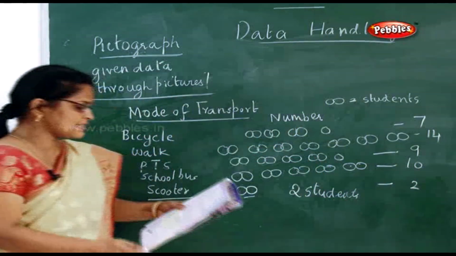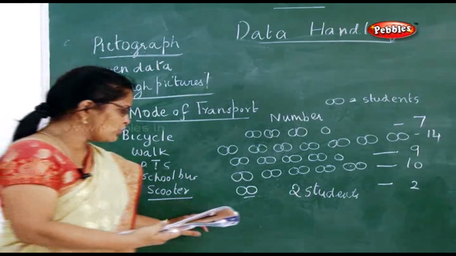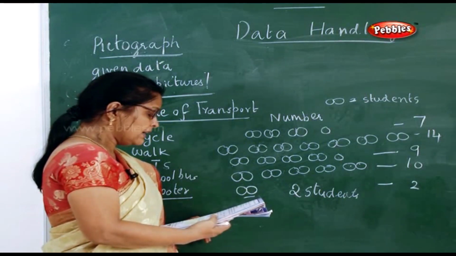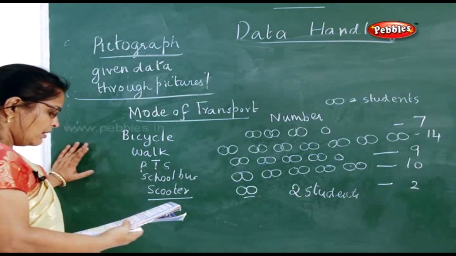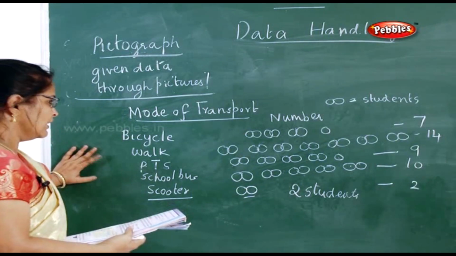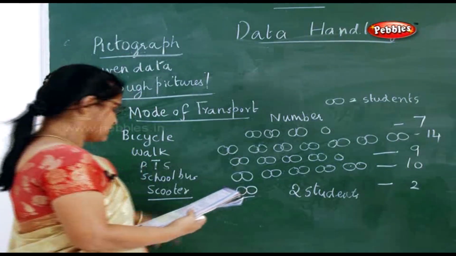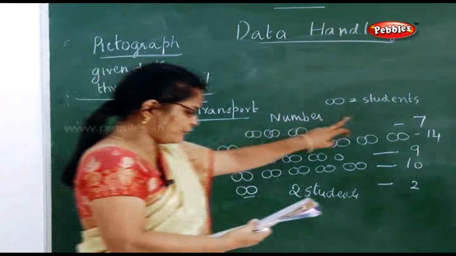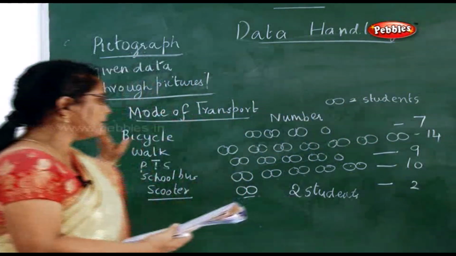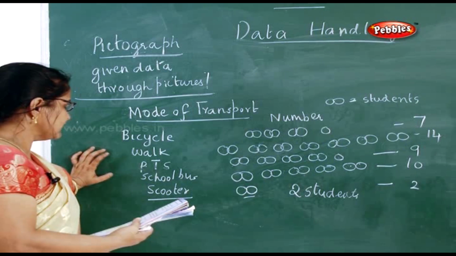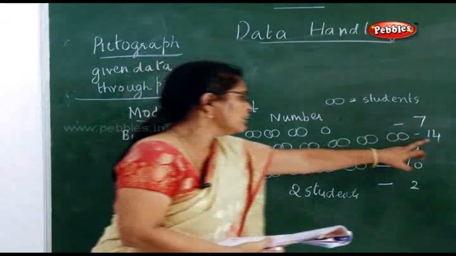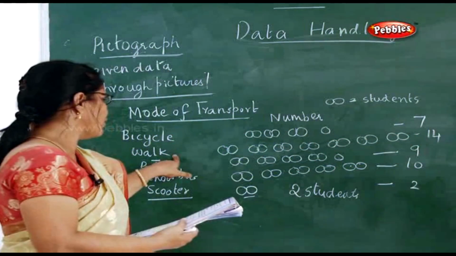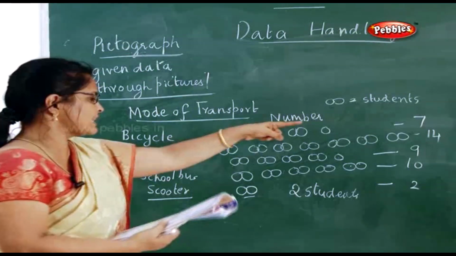The last question is, the number of students who come by dash is half the number of students who come by dash. Walking is 14, so half of that is bicycle, 7.